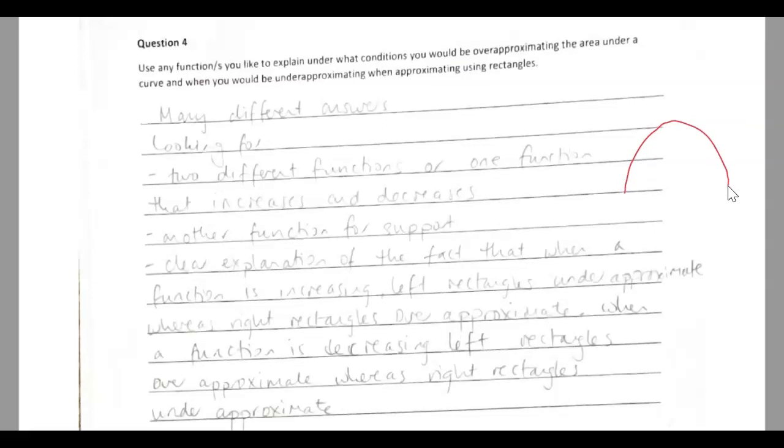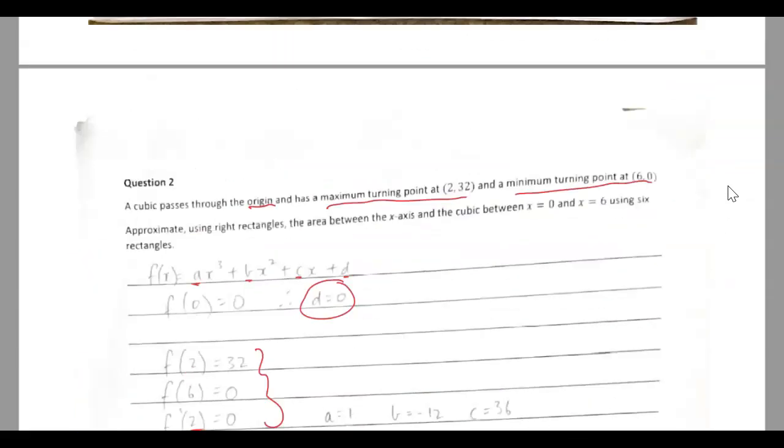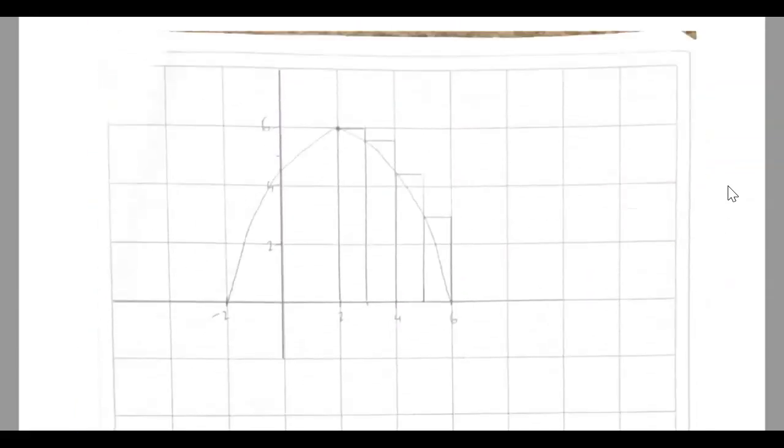All right, so if you're using left rectangles, I'm going to use my parabola up here. When the function is decreasing, actually I think I said that around the wrong way before. All right, so this is decreasing. Remember your little ant is walking along, it's going up, so it's increasing here, and then it's going down, so it's decreasing.